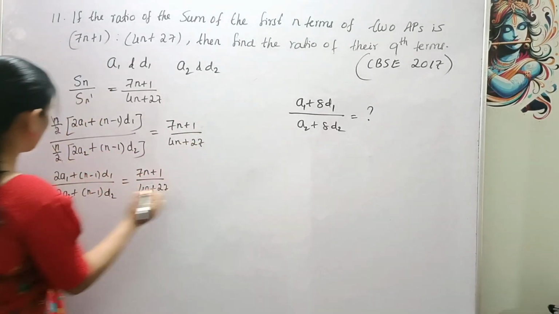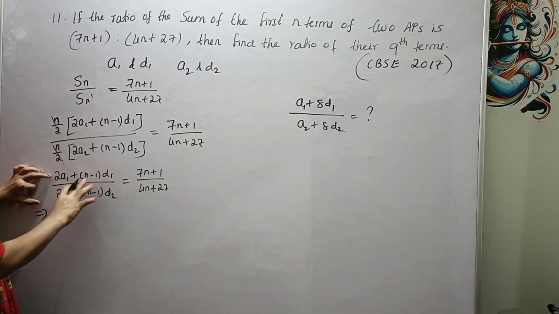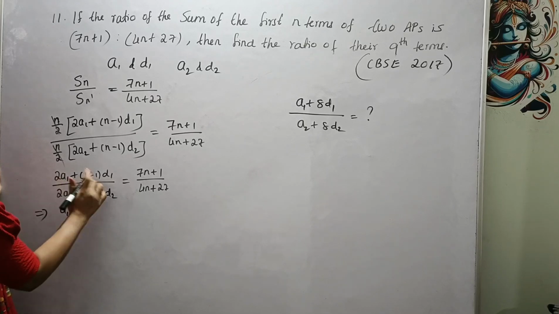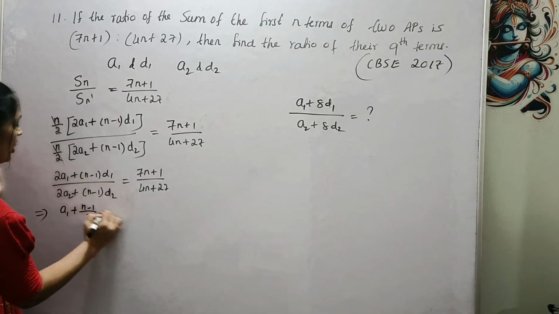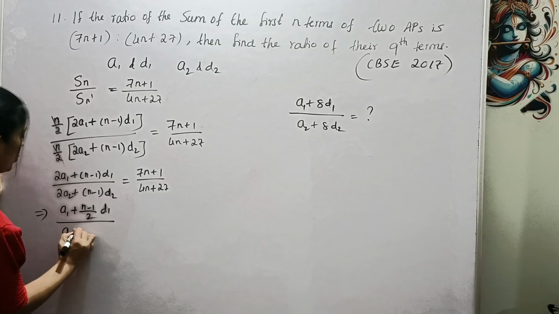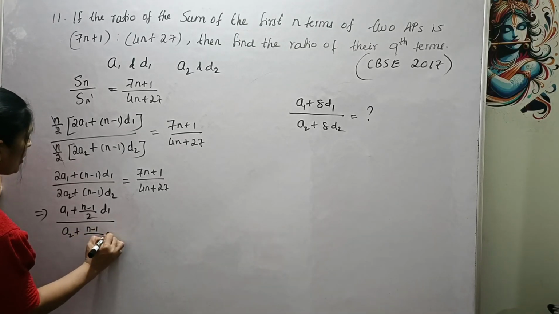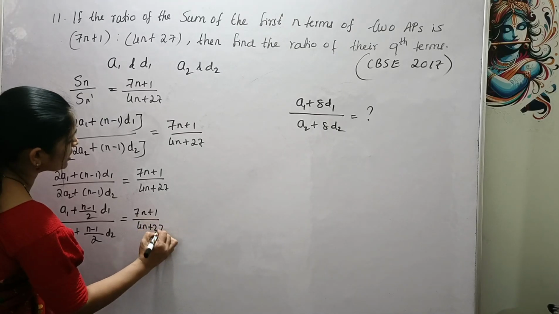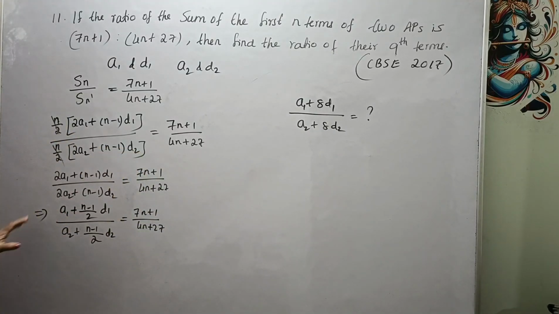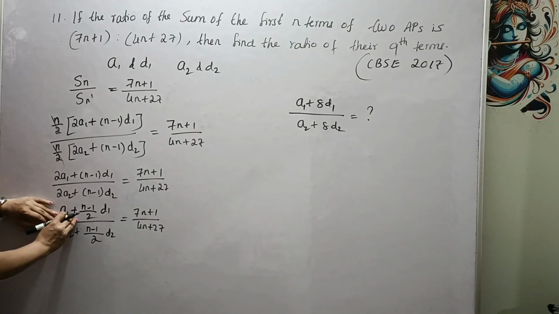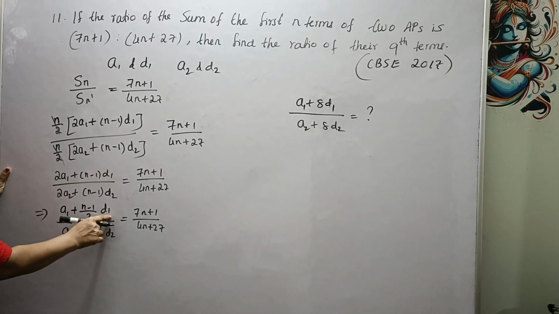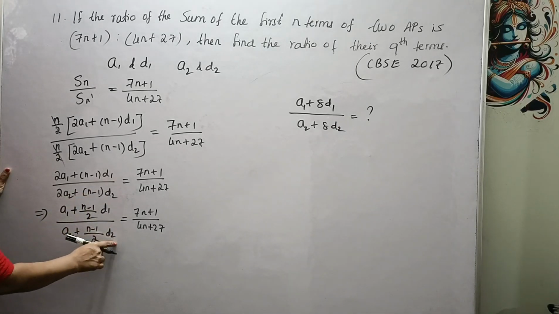We will get a1 plus n minus 1 by 2 into d1 divided by a2 plus n minus 1 by 2 into d2, equal to 7n plus 1 divided by 4n plus 27. We have to find a1 plus 8d1 divided by a2 plus 8d2.